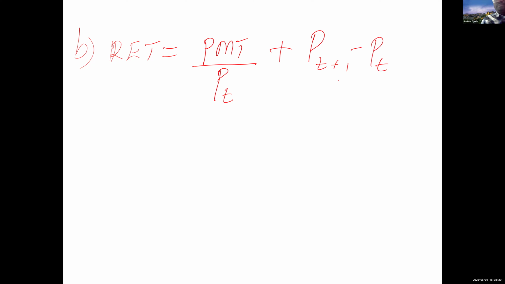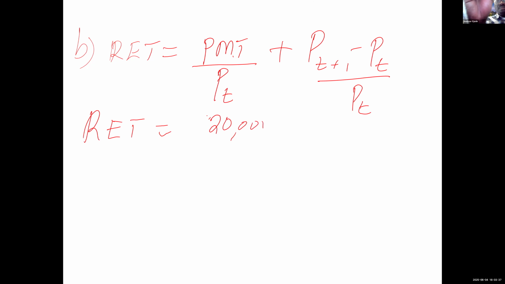So that means your return is going to be the payment which you receive from this restaurant after 1 year selling food over P_t, plus the capital gains. You got a profit of $20,000. We've been told that. So the payment is the same thing as profit. It's $20,000.